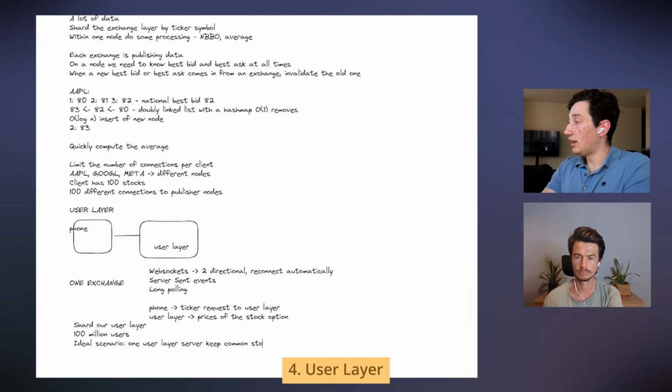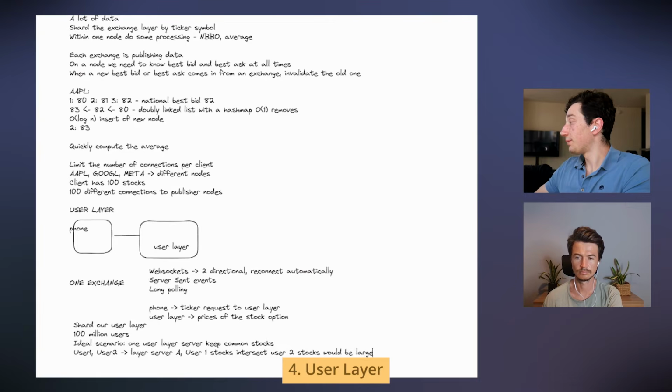So for example, if user one and user two were connected to the same layer server A, ideally user one's stocks intersect user two's stocks would be very high, because we ideally want to be fetching the same stock prices on the same user layer servers.